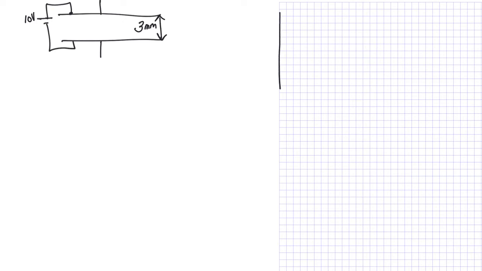So let's call this X. Let's start here. X equals 0, and then it goes to X equals 3 millimeters, right? Right here it's going to be 10 volts, and down here is 0 volts, okay?